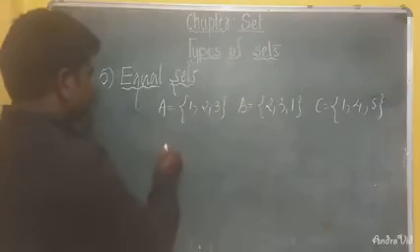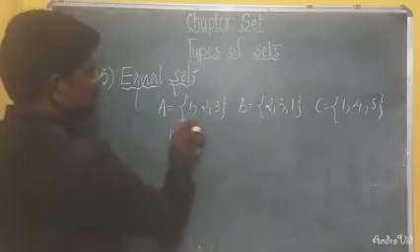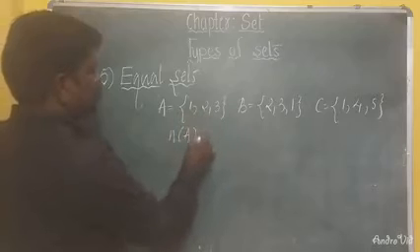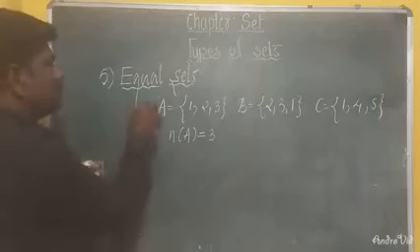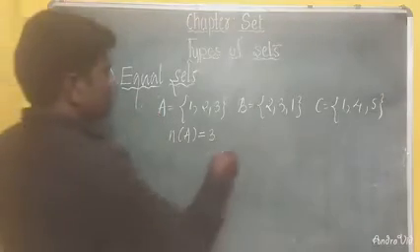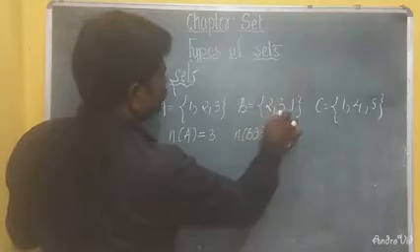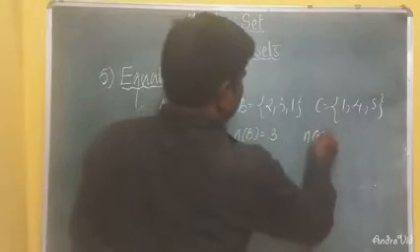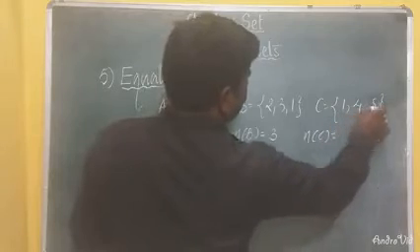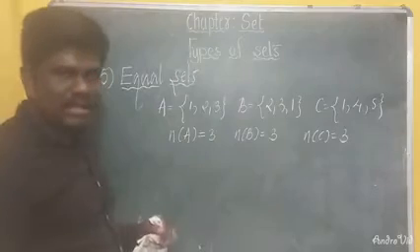Let us first study that one. The cardinality of A is, see, there are three elements in the set, 1, 2, 3. So the cardinality of A is 3. That means the size of this set is 3. Similarly, the cardinality of B is also 3, and the cardinality of C is also 3 elements. So the sizes of all the three sets are the same.